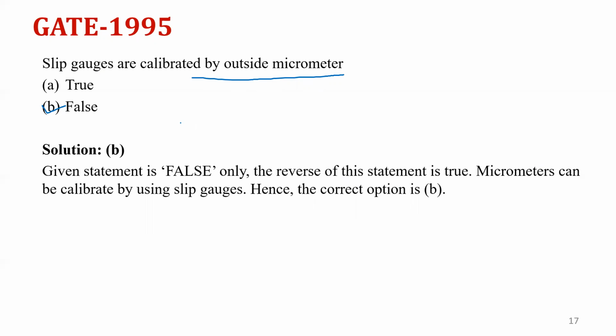Slip gauges are calibrated by direct comparison with calibration grade gauges using a comparator. Slip gauges are not calibrated by outside micrometer.